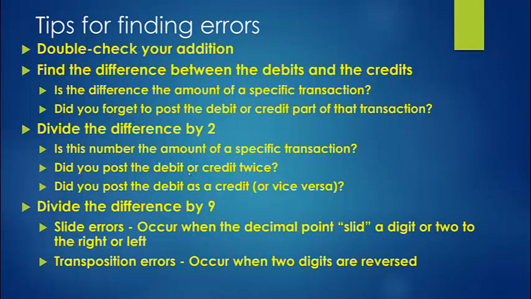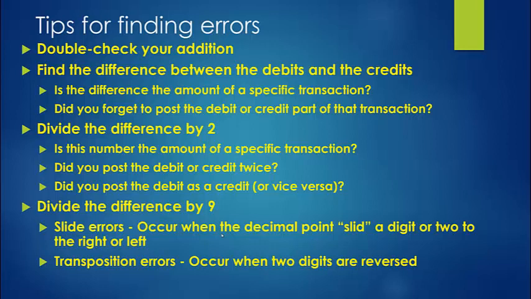And if that doesn't work, divide the difference by 9. If you divide by 9 and you don't have a remainder, then you probably committed a slide error, which means that maybe you wrote 480 instead of 4,800.